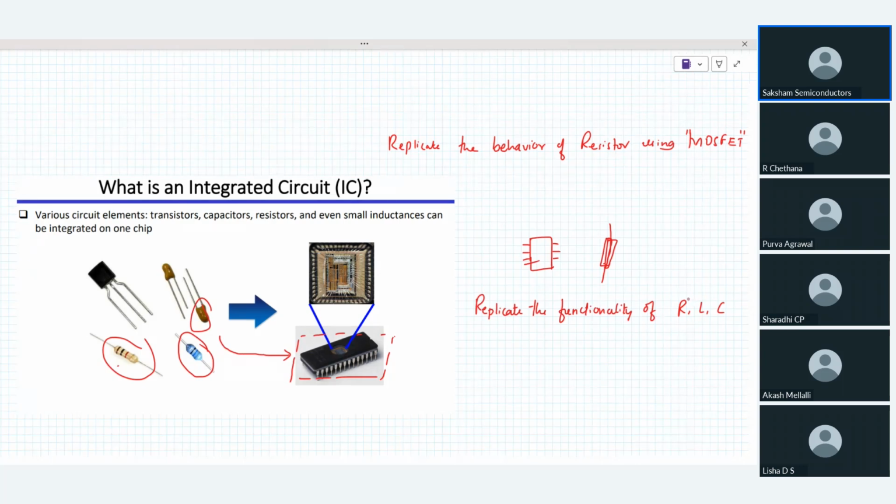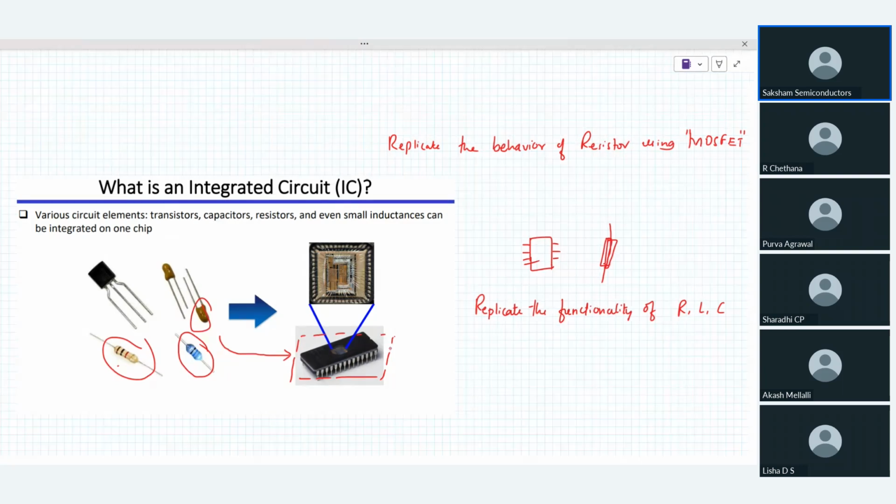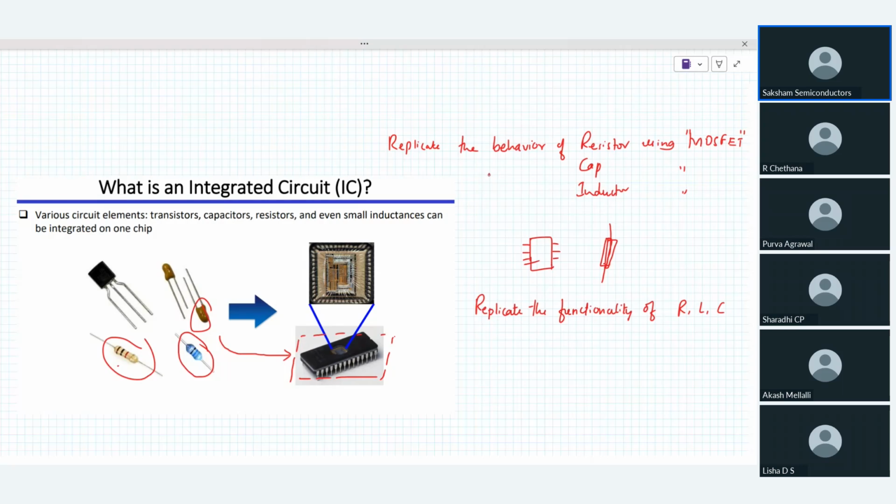I will never use the actual resistor inside my IC because the job of my resistor is being taken care of by the MOSFET. So is the case with your capacitor and inductor. If I can replicate those functionalities or behaviors using my MOSFET, my job is done.